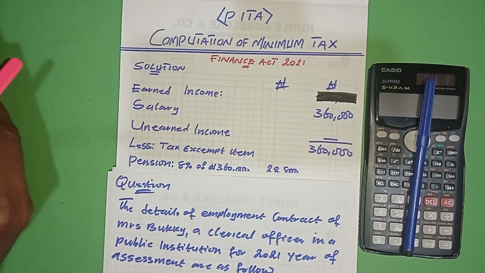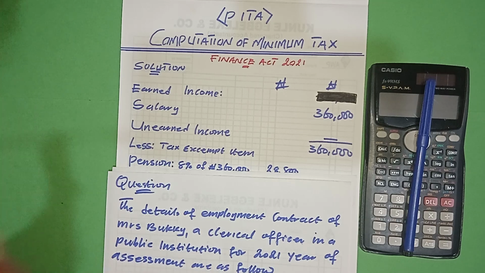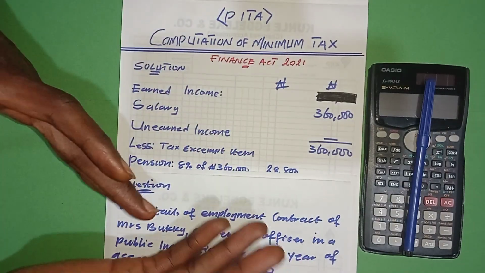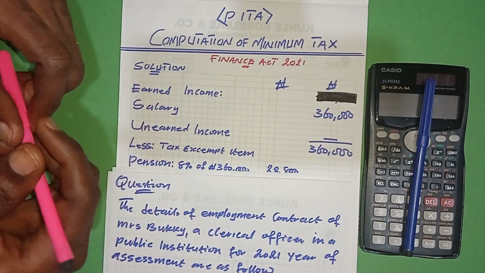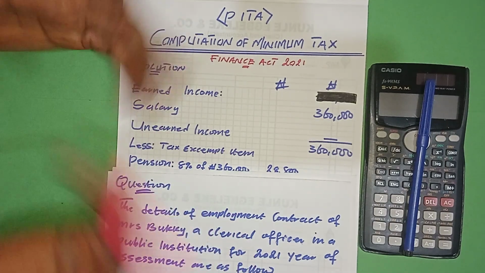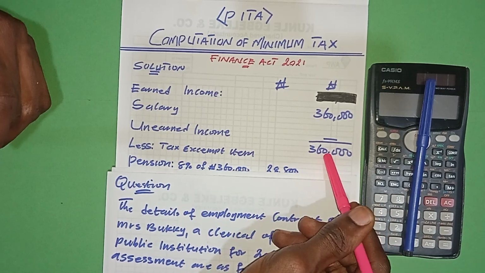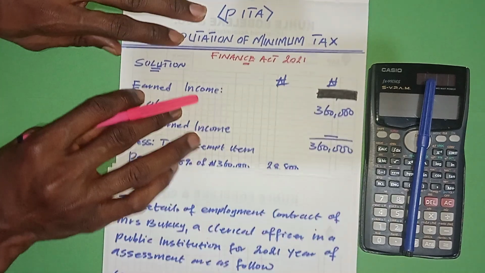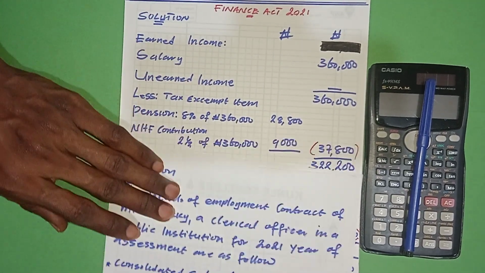What are the unearned income? None of the unearned income is mentioned here, but I'm going to mention it for you: interest, dividend, and rent. They are all unearned income, and none is mentioned in the question we are handling. So we are going to leave it with that, which brings the figure down to this same amount, 360,000 naira. Now let's move further.